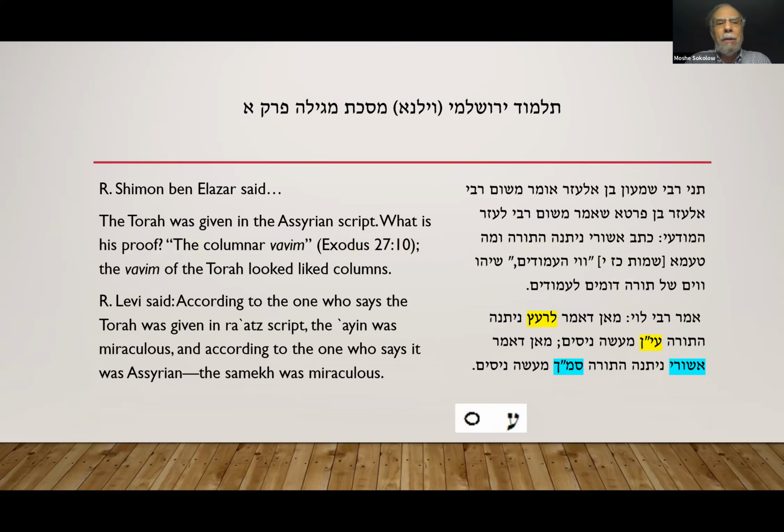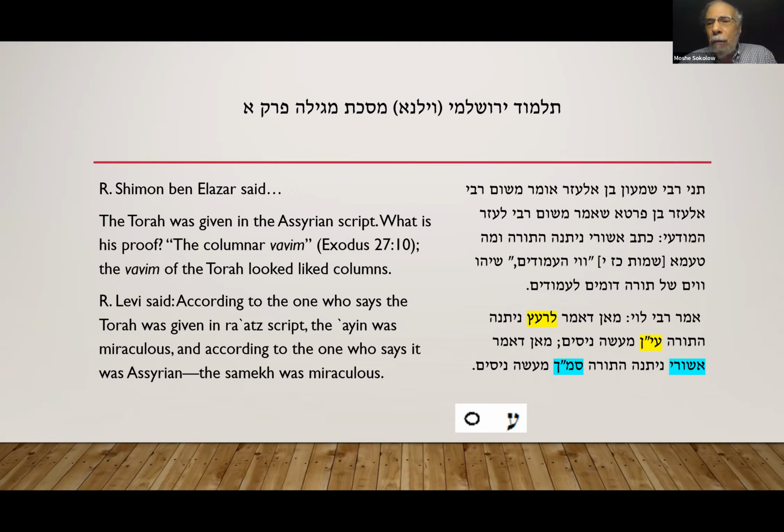The problem arises in the parallel passage that appears in the Jerusalem Talmud. It says, Amar Rabbi Levi, the bottom three lines, Mandi Amar l'ra'atz nitna haTorah, according to the one who says that the Torah was given in a particular script called Ra'atz, which is essentially the same script that the earlier Talmudic passage called Ktav Ivri, Ayin Ma'aseh Nisim.